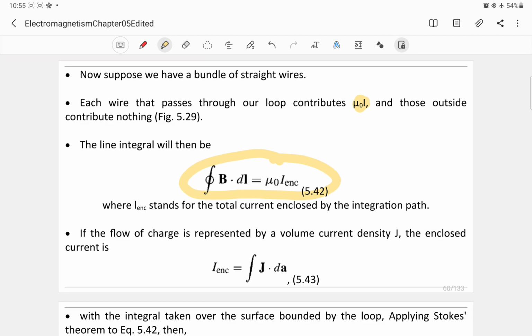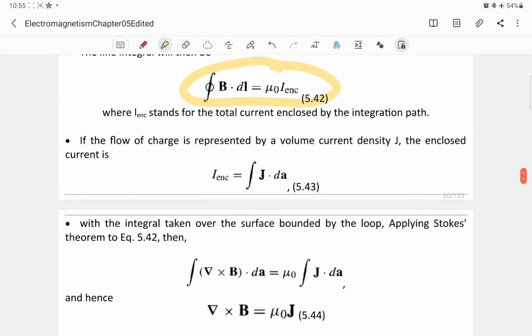And of course this integration gives you this one. This just looks like Gauss's law, E dot dA.